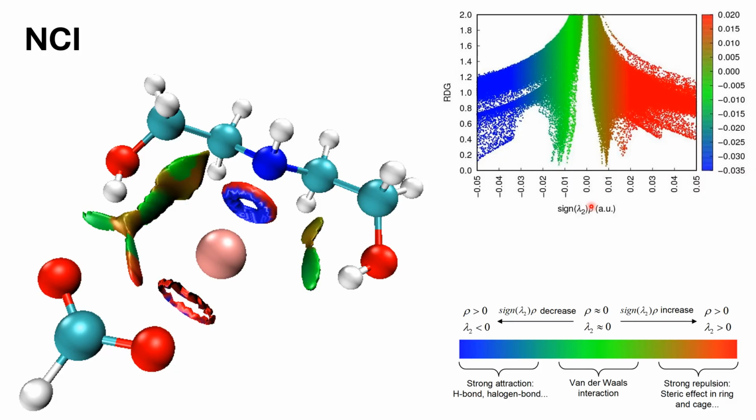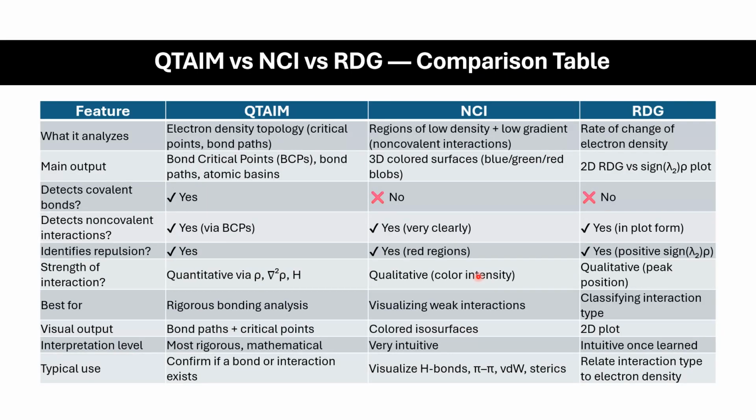So you can put that table into your paper, you can put these figures, and then you can describe all these things based on the facts, and then you can give the literature references to support these claims. So yeah, here I made just a table to discuss what QTAIM and NCI can do and what cannot do.